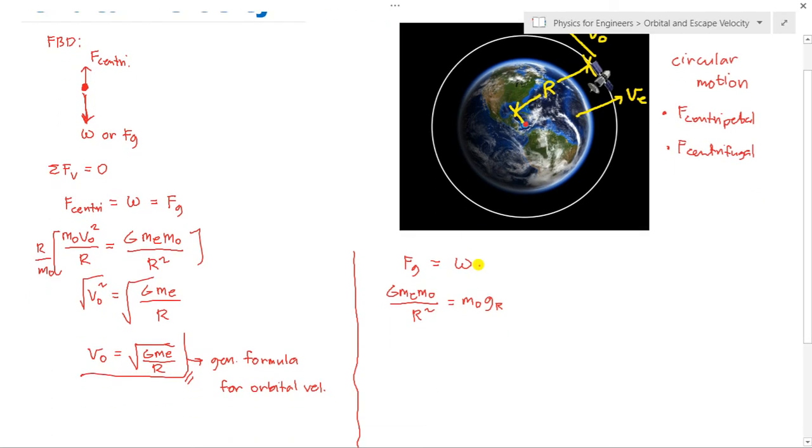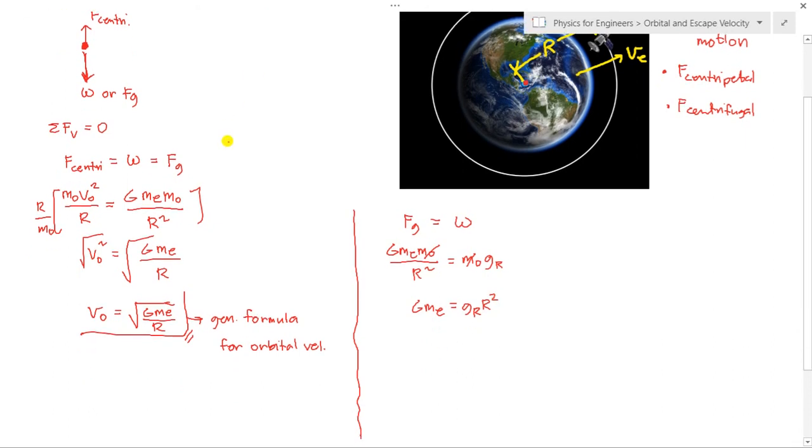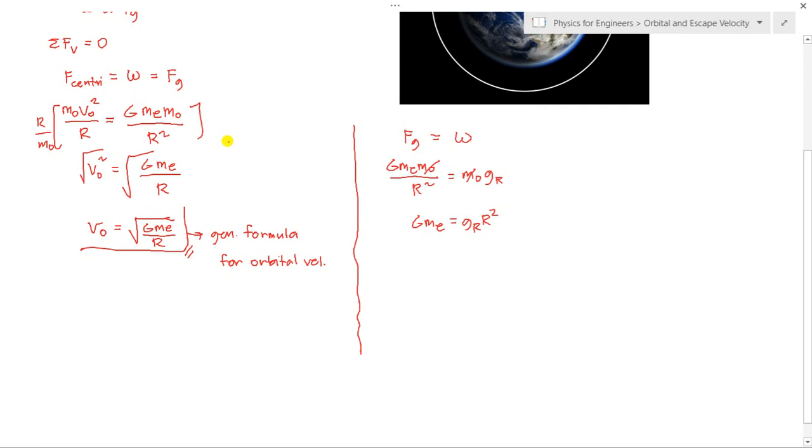So therefore we have the relationship G ME is equal to GR times R squared.